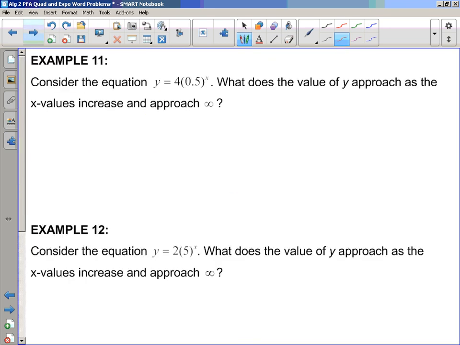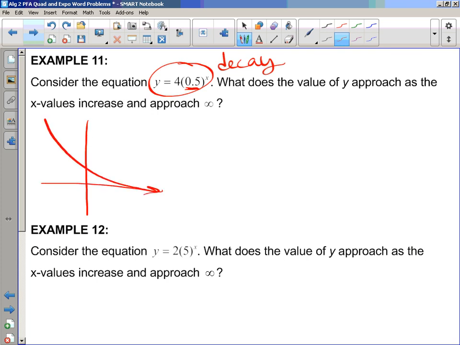So they want us to consider y equals 4 times 0.5 to the x. What does the value of y approach as the x values increase and approach infinity? So is this growth or decay? It's decay. It's decreasing because this base is less than 1. So here's my sketch. Decay decreases, goes down from left to right.